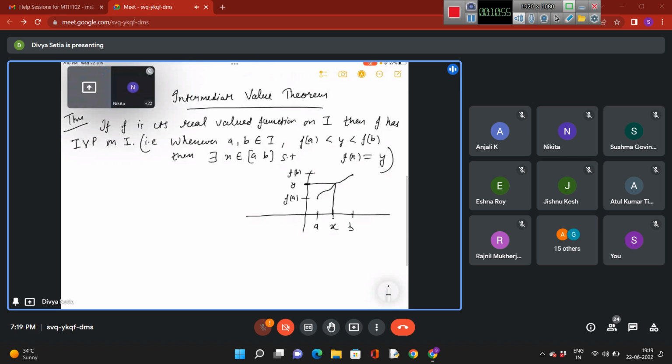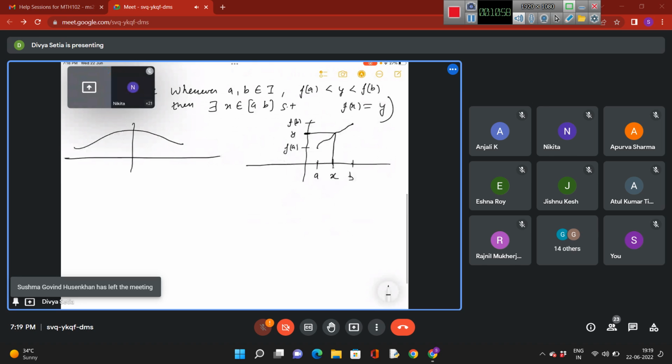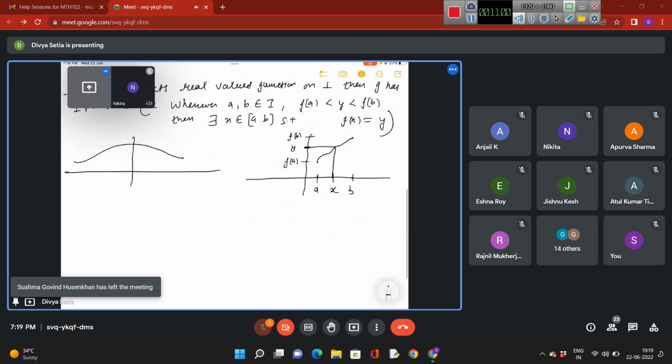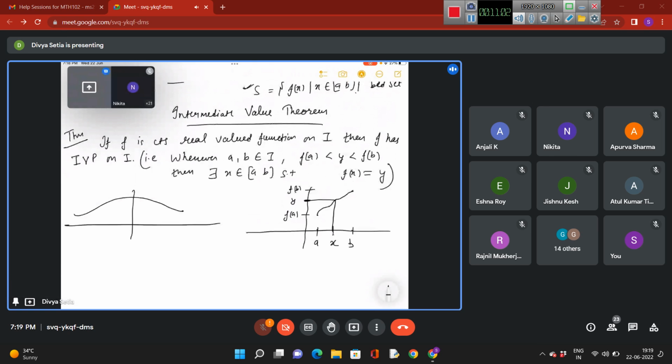Okay, so suppose this is your curve. This is your continuous function on a closed and bounded interval. Suppose this is your a and this is your b. Now this is your f of a and this is your f of b. So what does the theorem say? The theorem says whatever point you choose between f of a and f of b, suppose I choose this point, it should have some pre-image.